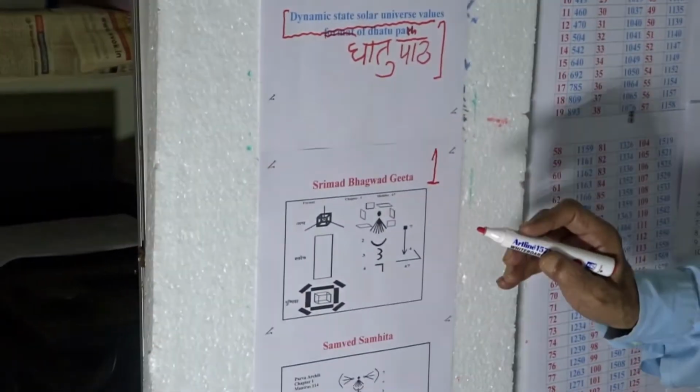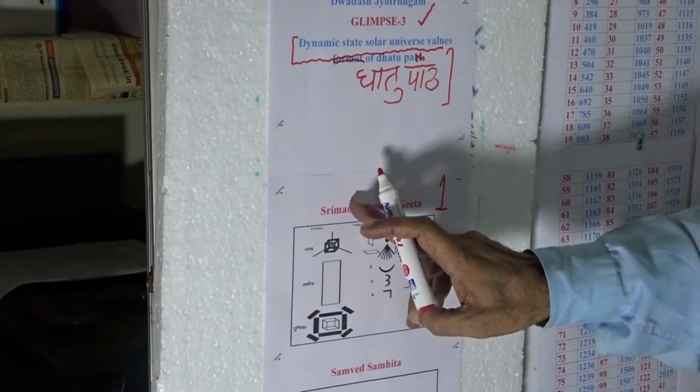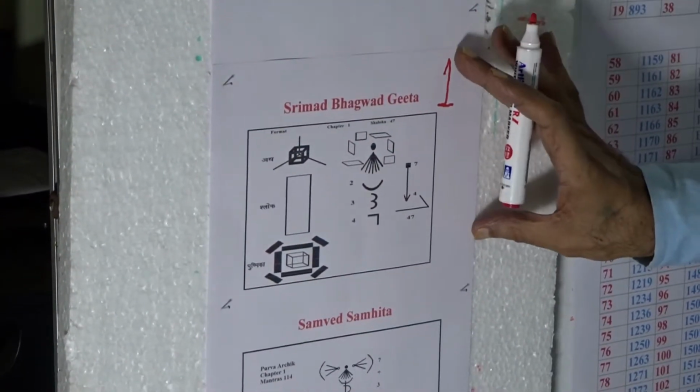Let us have a visit to the sheets book supplied today. In sheet 1, there is a depiction of the Srimad Bhagwad Gita flowchart.